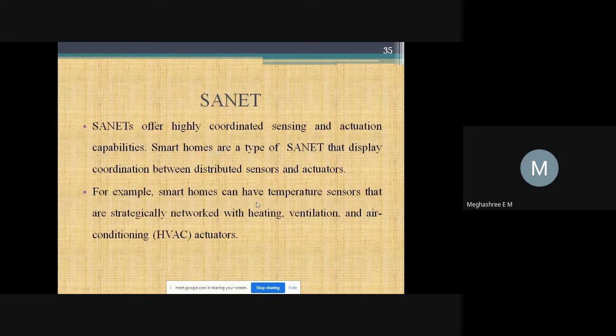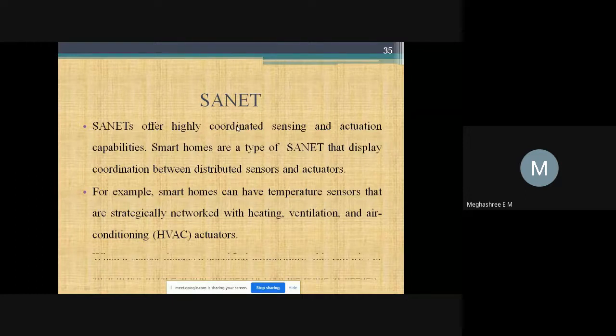In a smart home, as I said, we deploy temperature sensors. Based on that, the HVAC system works. Heating will be taken care of, ventilation will be properly maintained if the temperature is high in the room, and air conditioning is also regulated with the help of SANET.